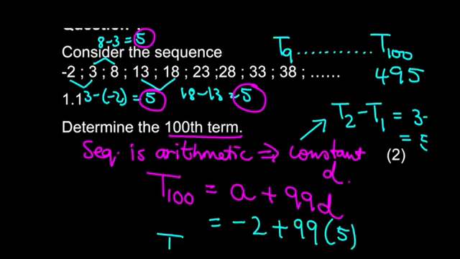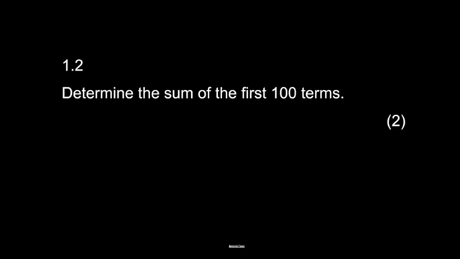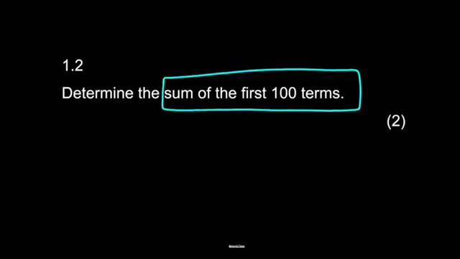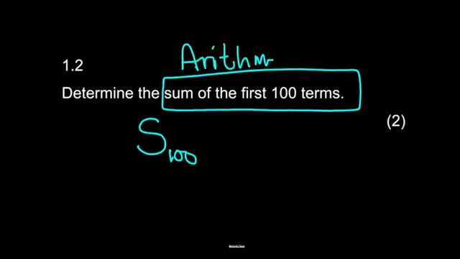Next up is, what is the sum of the first 100 terms? In this case, there is a formula for the sum of 100 terms. Remember, there are 3 types of sequences you work with.